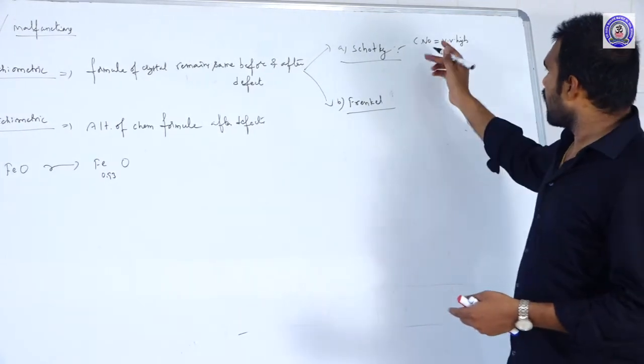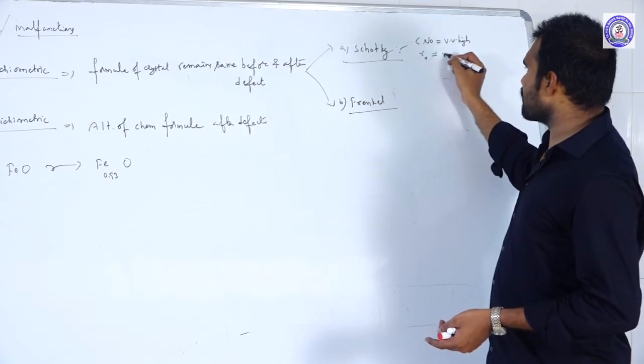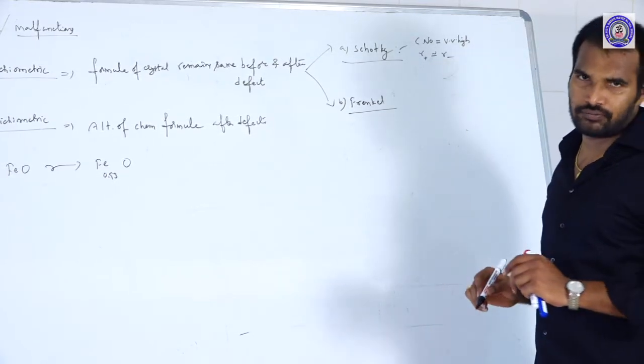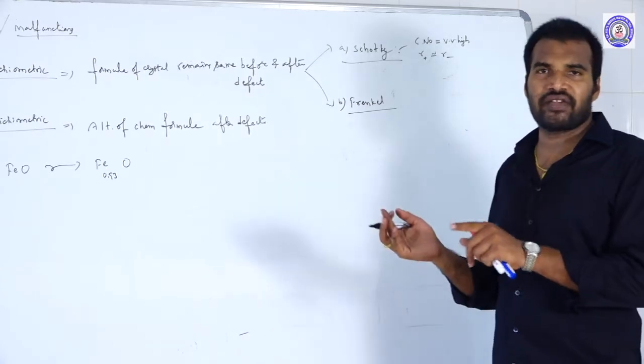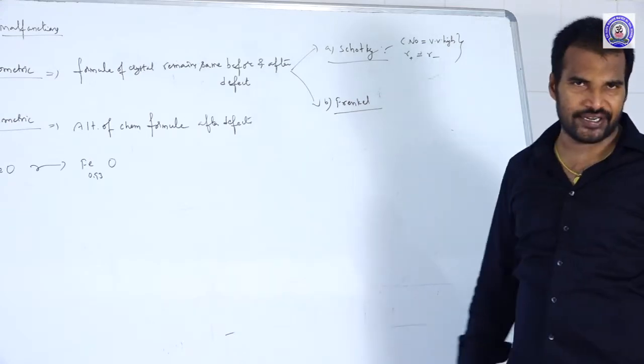And the size of cations is almost equal to the size of anions, so the radius of cation and radius of anion are almost the same. In this case we observe Schottky defects.